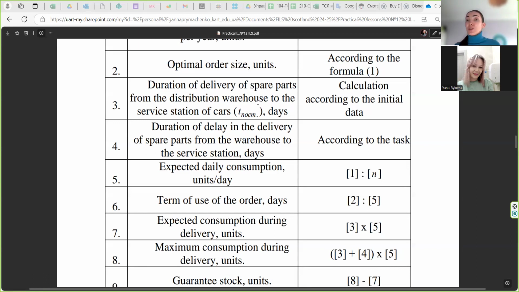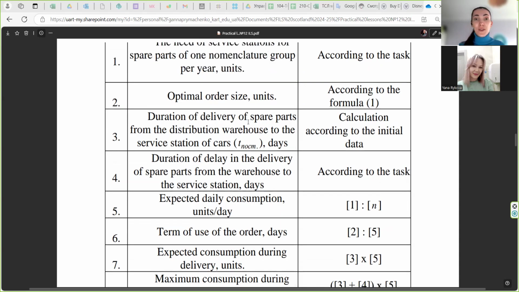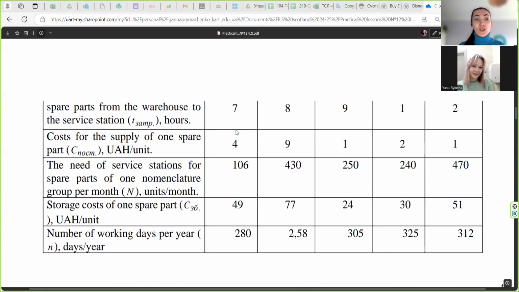In days, we need to find this information. In the next third column, we can read the calculation according to the initial data. We need to find how many days we need for this delivery. It is the parameter T. We try to find it in our table.